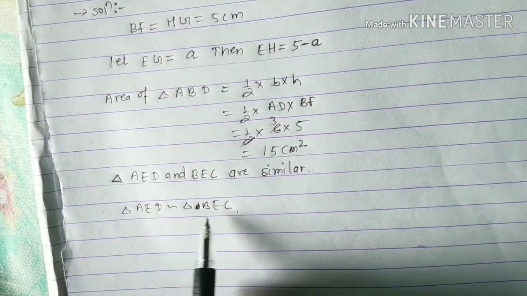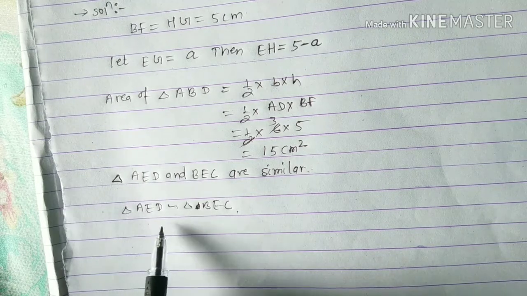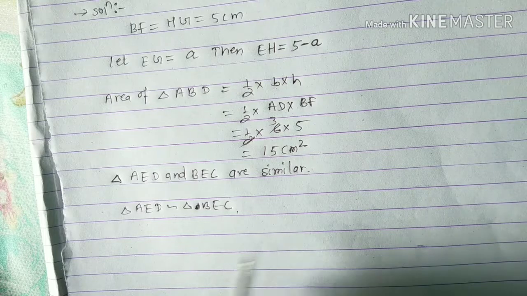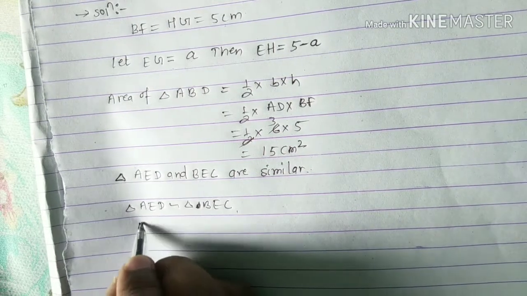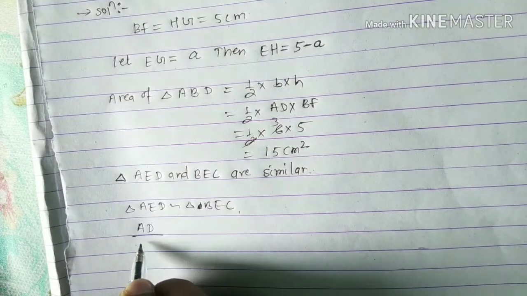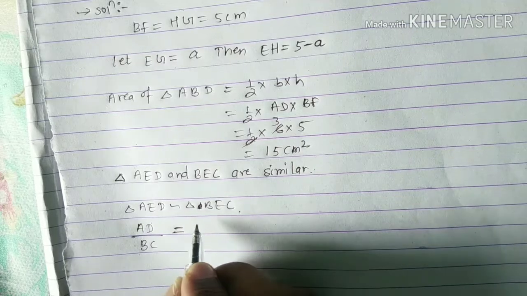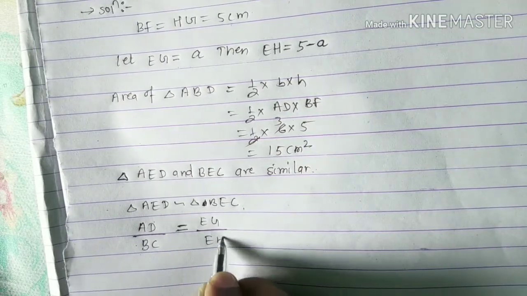If these two triangles are similar, then we know that the corresponding sides and heights of similar triangles are proportional. So the corresponding side of AD is BC, and the corresponding height of EG is EH.